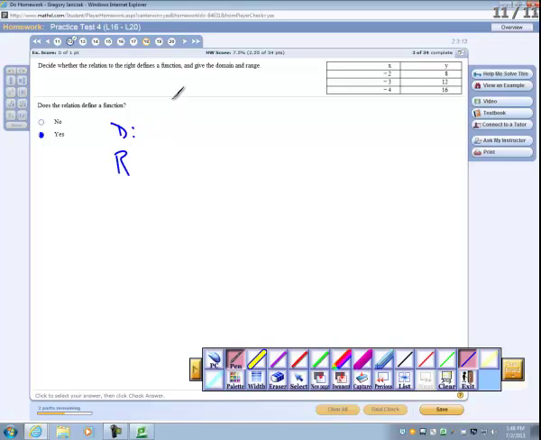Okay, the domain is basically what? Good. All the x values. Negative 2, negative 3, negative 4. The range, those are all the y values. 8, 12, 16. Okay? Good.